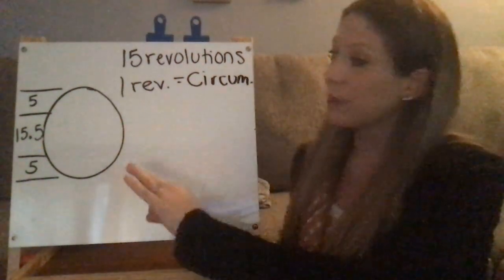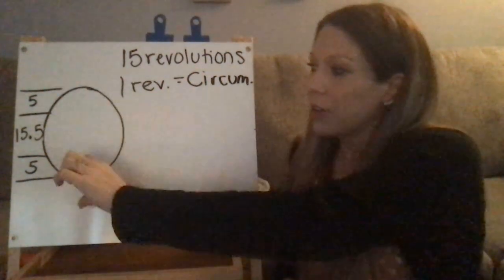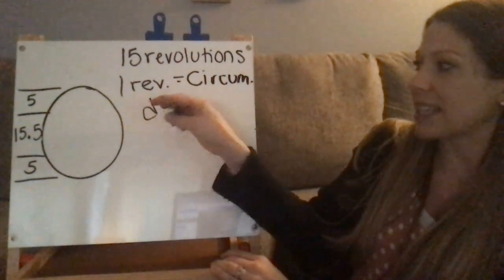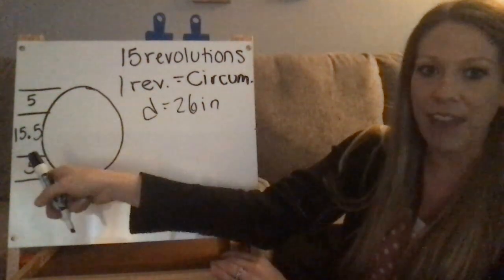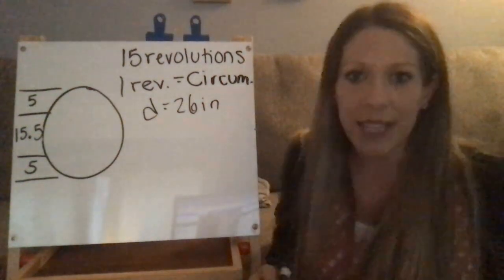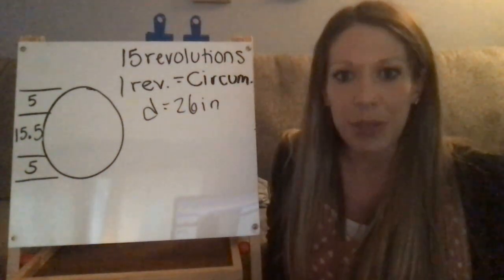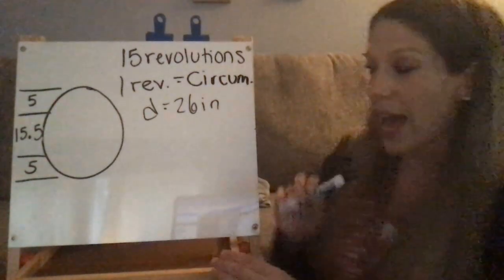We can look for the radius, a little bit easier to find the diameter in this case. If we add all those pieces together, we get that the diameter is 26 inches. 5 plus 15.5 plus 5. Or you could say that the radius is 13 inches. Either way is fine. When we use our circumference formula, then our circumference is 26 pi.